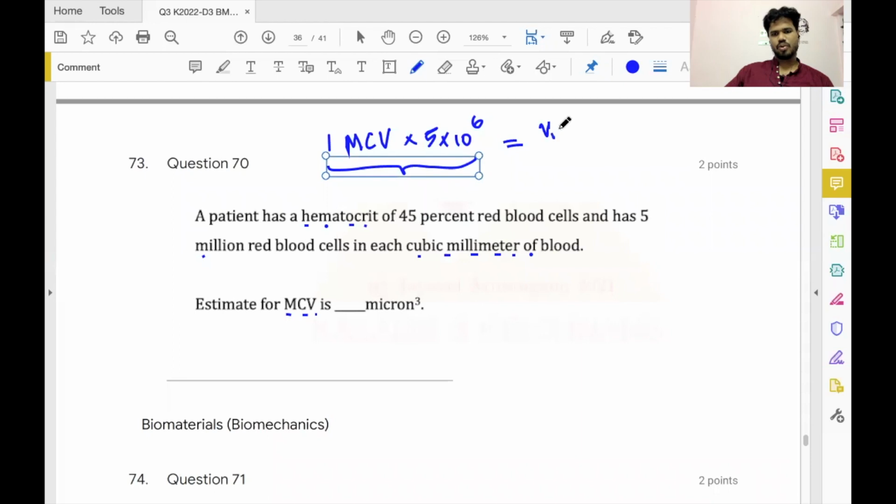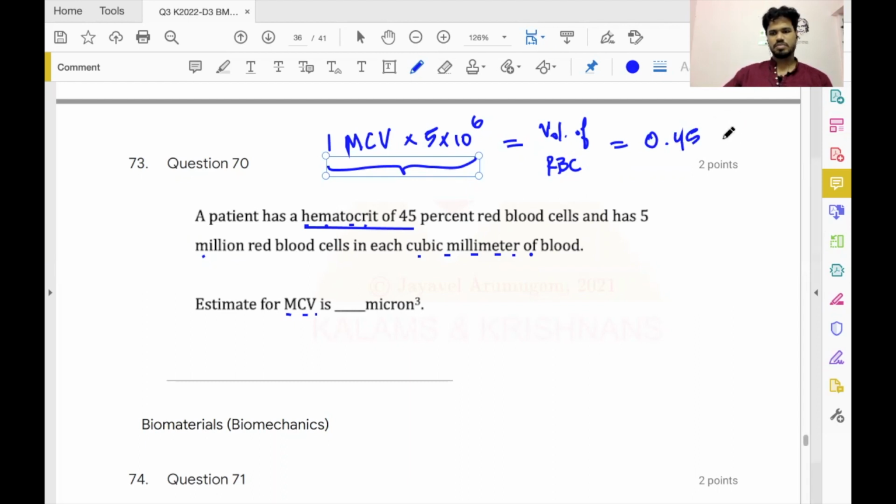Yeah, total volume of RBC. So interestingly, volume of RBC in that we also know from hematocrit. If it is 1 cubic millimeter, it should be like 45% of that. So what is this volume from hematocrit? We know that to be 0.45 cubic millimeter.